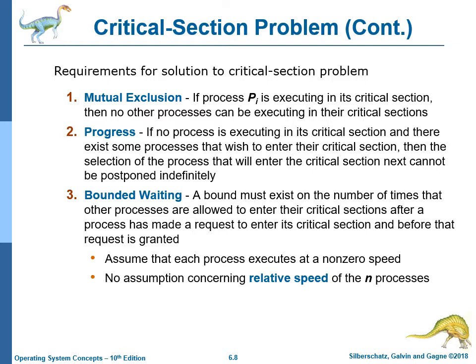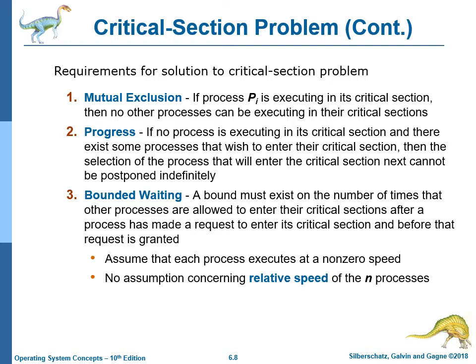Okay. Dan yang ketiga ialah bounded waiting. So bounded waiting: there exists a bound or limit on the number of times that other processes are allowed to enter their critical section after a process has made a request to enter its critical section and before that request is granted.